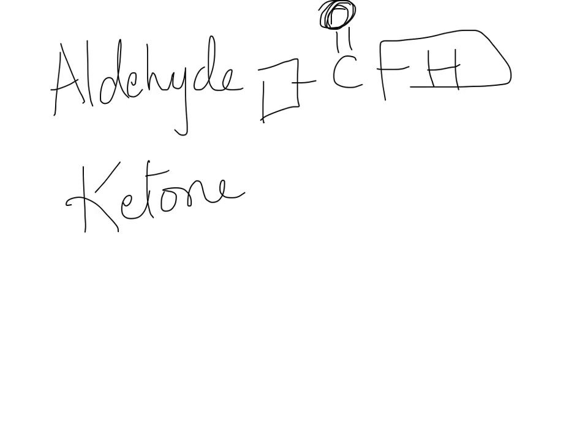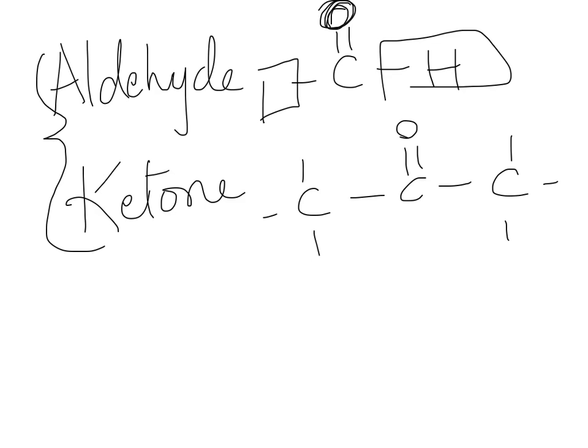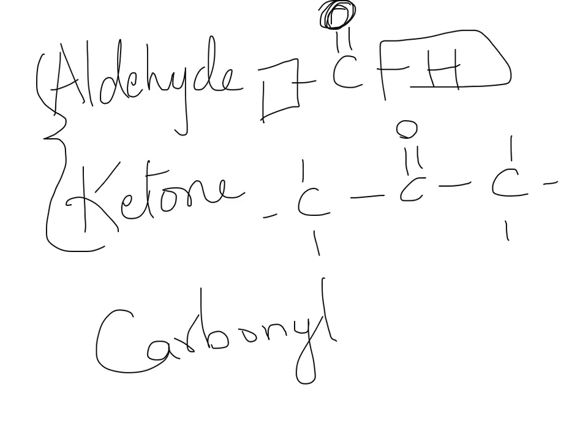So there's only 4 bonds around carbon, 2 of which are taken by oxygen. Ketone. Ketone is when you have a carbon double bond oxygen with a carbon unit and a carbon unit. Aldehydes and ketones together are known as carbonyl compounds.